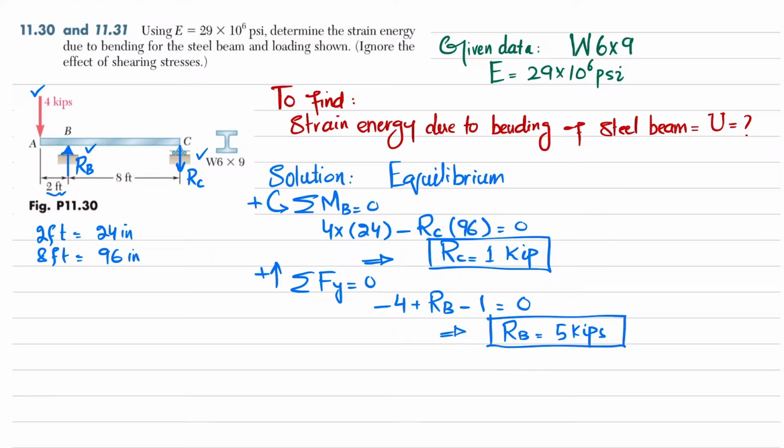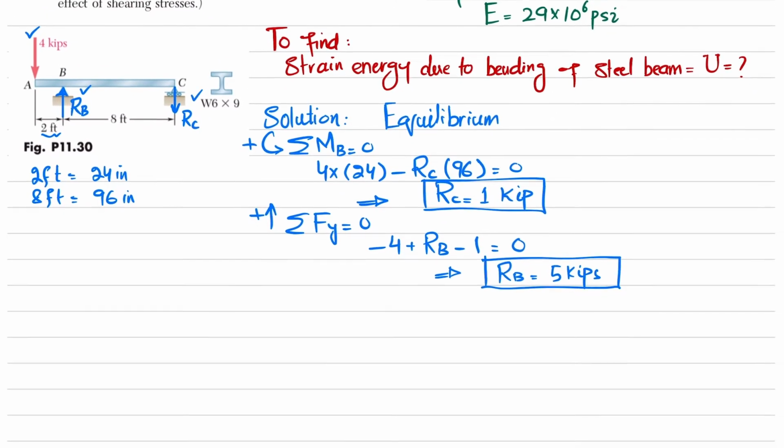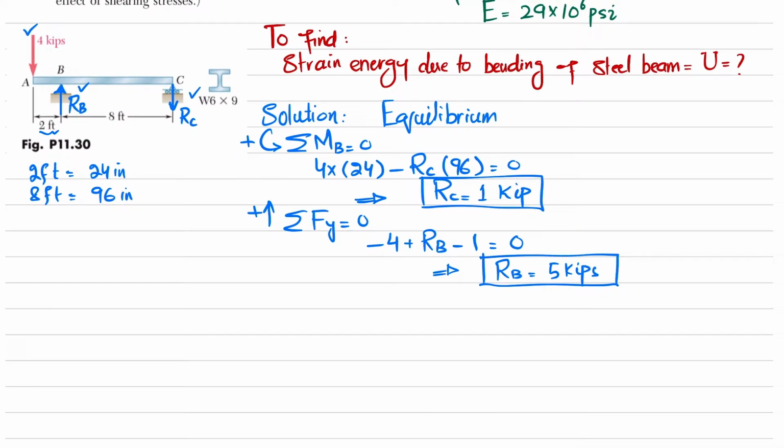Now we have found the reaction supports, so we will find the bending moment equation for portion AB. If you cut the portion AB and draw the free body diagram, it will be like this.